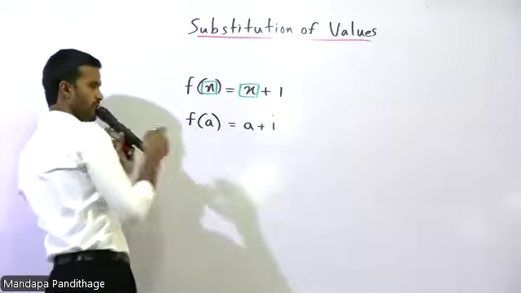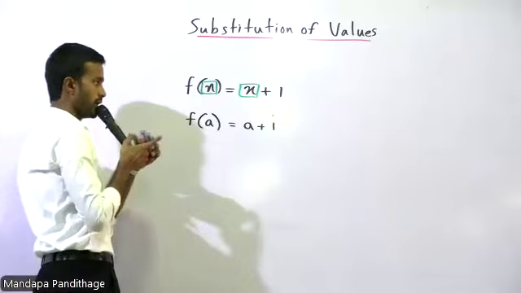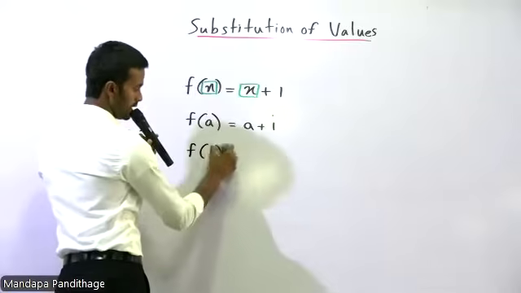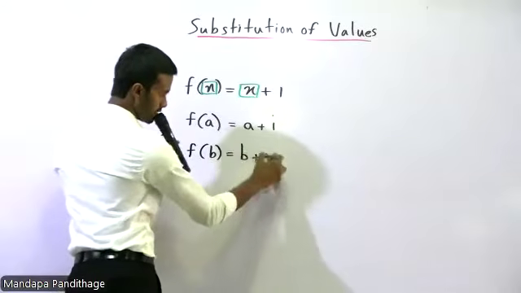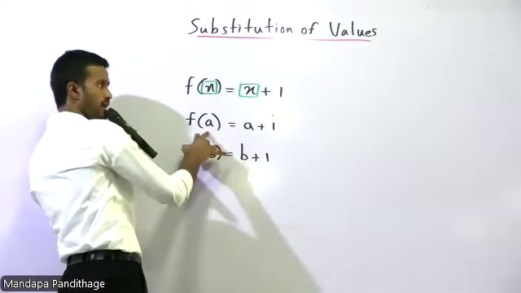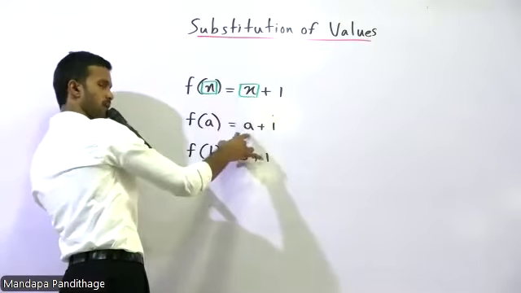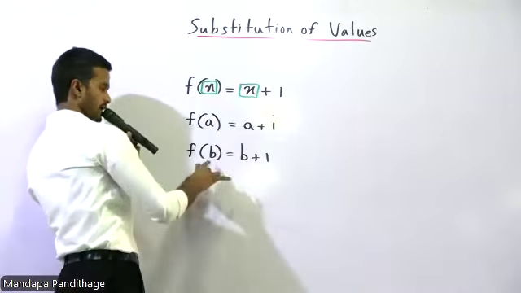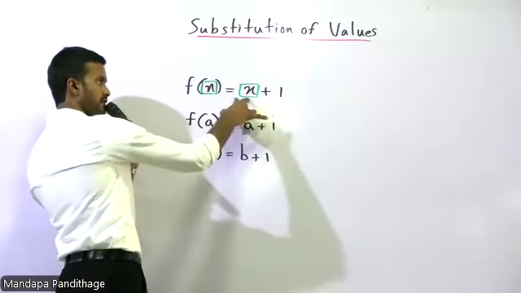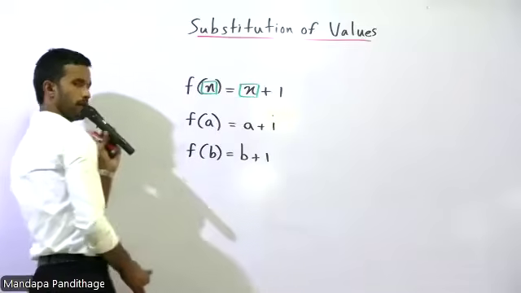If it is f(a), that is a plus 1. If it is f(b), that is b plus 1. Here x has been replaced by b, that means even this x should be replaced by b.